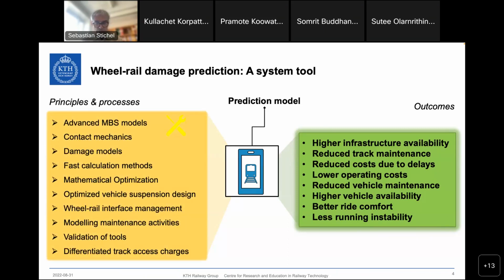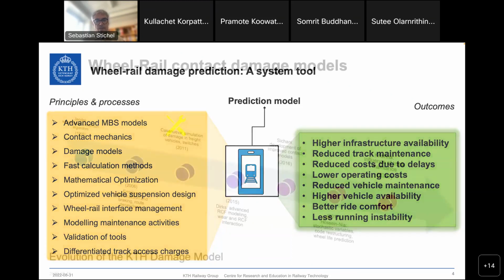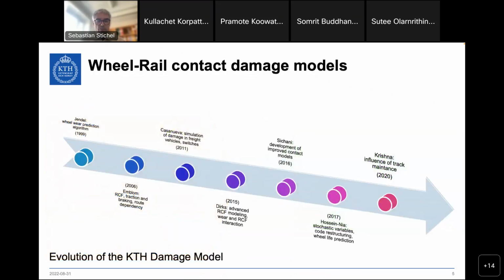You need to deal with numerics because you need a lot of iterative calculations that take a long time, and so on and so on. You need to validate your simulation models, and that means that to come up with such a framework is not done in a short time.